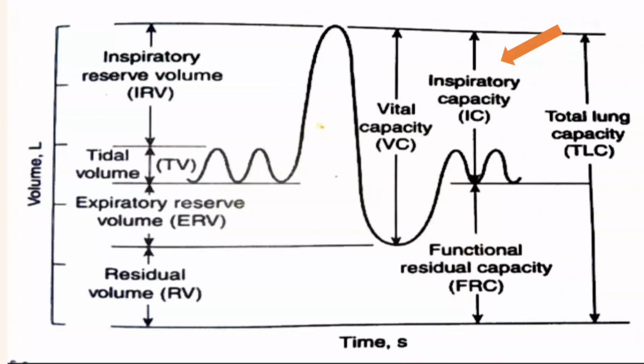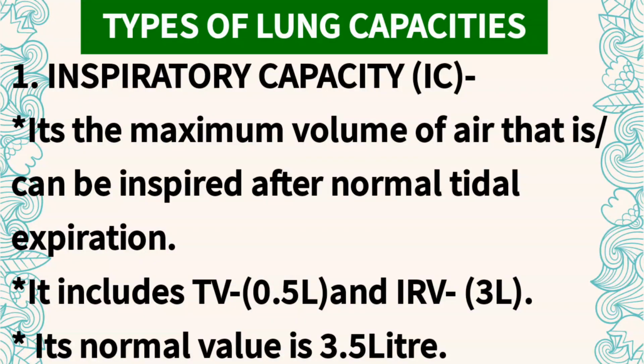Here is a picture of it showing the lung capacity, with the yellow arrow pointing towards the inspiratory capacity. It says that inspiratory capacity is the maximum volume of air that can be inspired after normal tidal expiration.